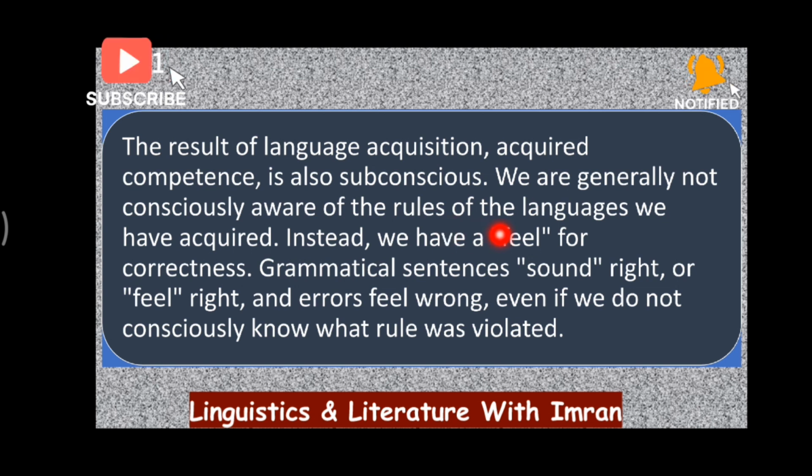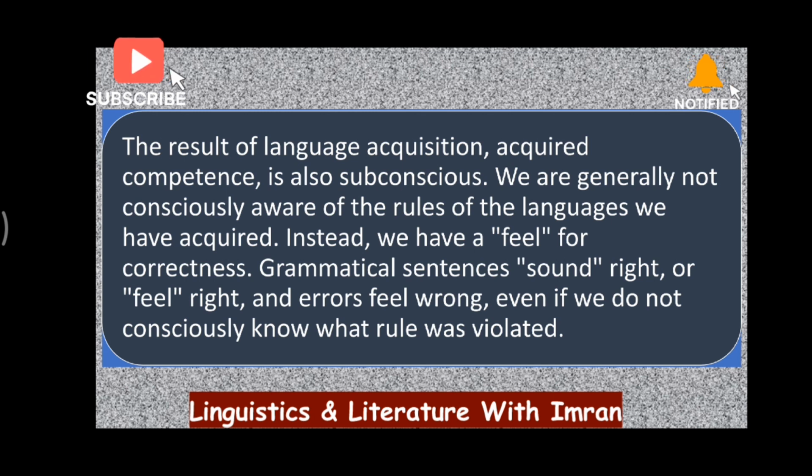Fine. So we are generally not consciously aware of the rules of the language. When you have the competence to speak a language, it means you use well constructed sentences, but you are not consciously aware of how you construct a sentence.